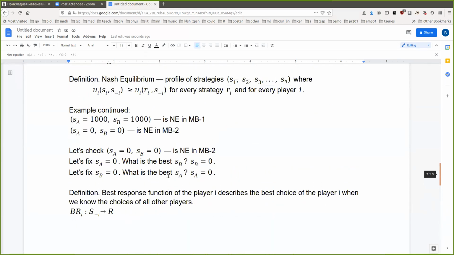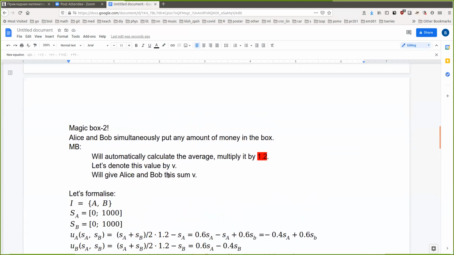In our game of Magic Box, Alice now may follow the strategy: I will put in the box 100 rubles with probability 0.7 and 200 rubles with probability 0.3.